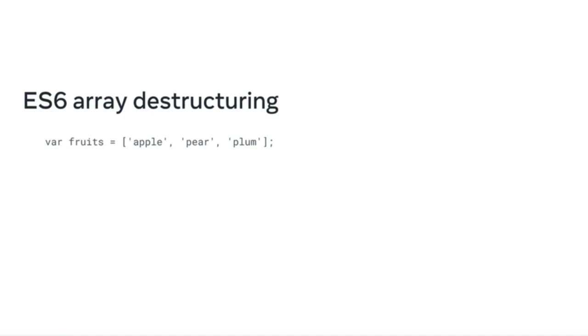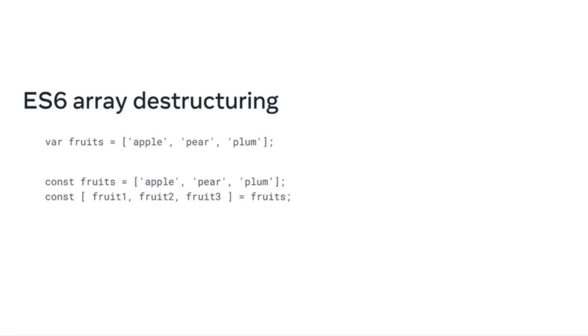With its ES6 version, JavaScript introduced the concept of array destructuring, which allows you to assign several variables from the array using a single line of code. In other words, you can assign apple, pear, and plum to the fruit1, fruit2, and fruit3 variables quickly instead of one at a time.